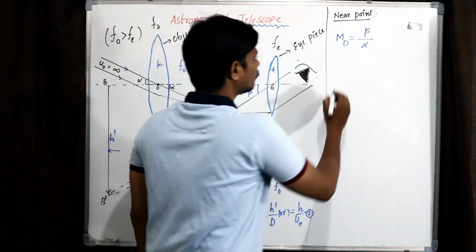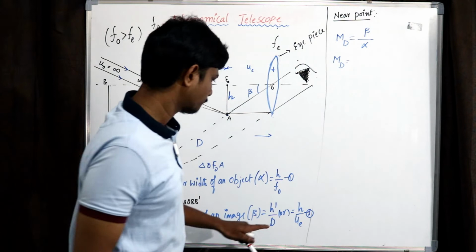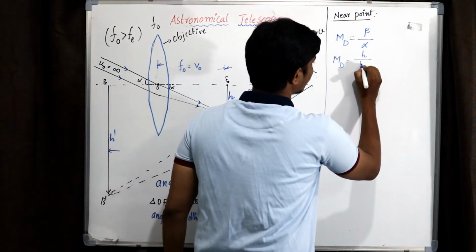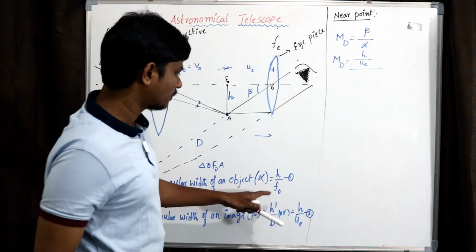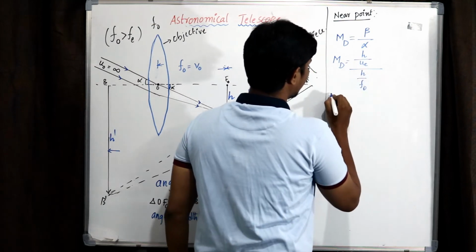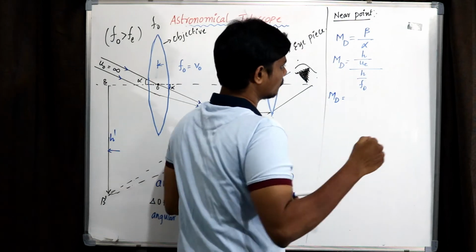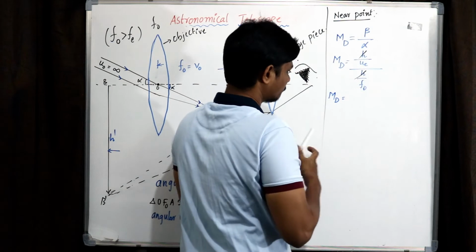Right? So, what is the angular width of the image? h by u_e. What is the angular width of the object? h by f0. Therefore, what will you get if you simplify? h will get cancelled, f0 will go up.